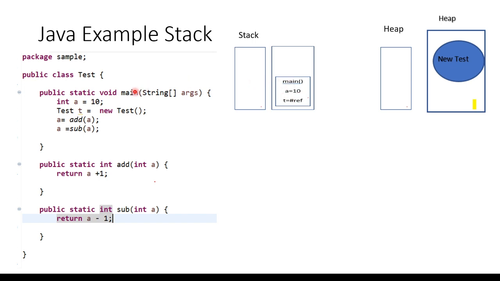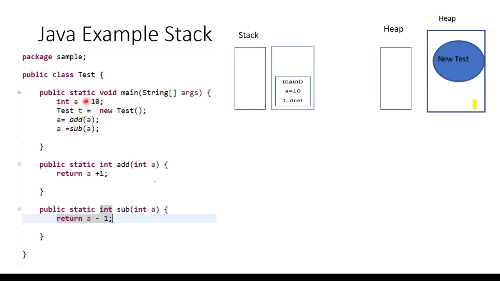For each method, one block will be created in the stack memory. So when the main method is executed, one block for the main method is created, and here we are saying int a = 10.